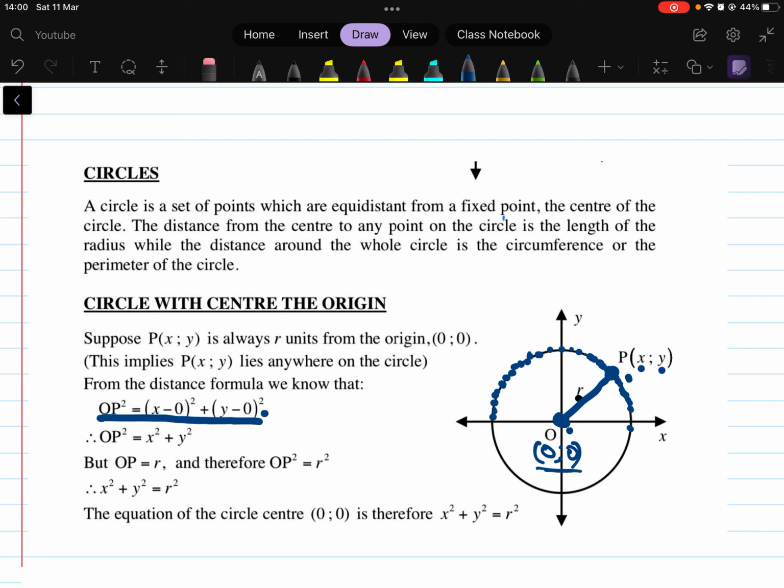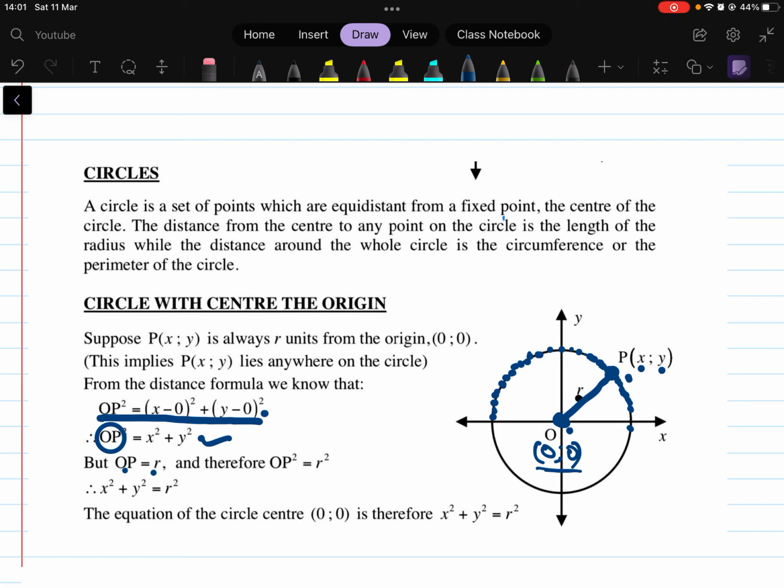As a result, OP squared is going to be x squared plus y squared. But from this equation, you can tell that OP is actually the radius. If you remember, when you were using the distance formula to calculate the length between any two points, you can just take the square root to get the length of OP.